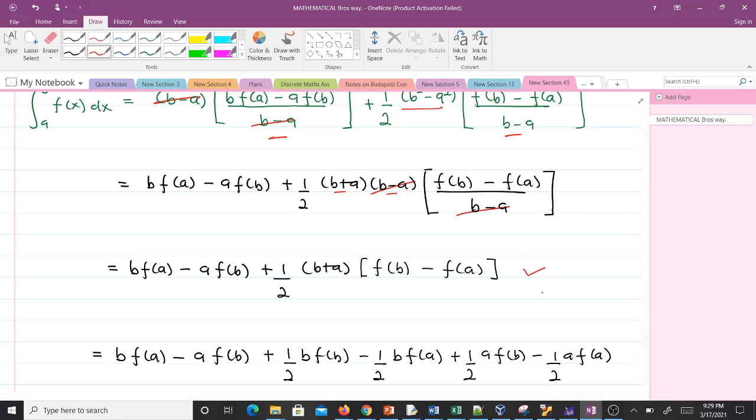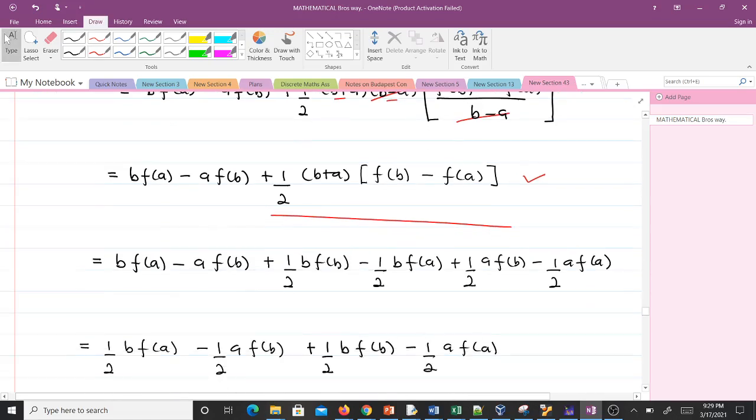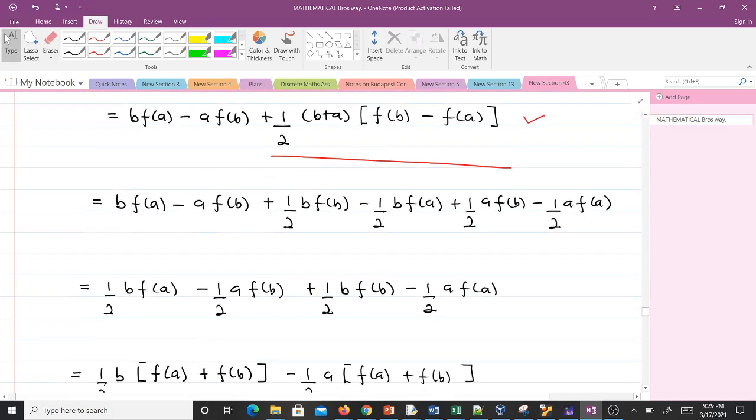So then the next thing for us to do is just to expand this part of it. So expanding that will give us b f of a minus a f of b plus half b f of b minus half b f of a plus half a f of b minus half a f of a. So when we get here, let's see, something interesting will happen. This and this, right? They are the same.